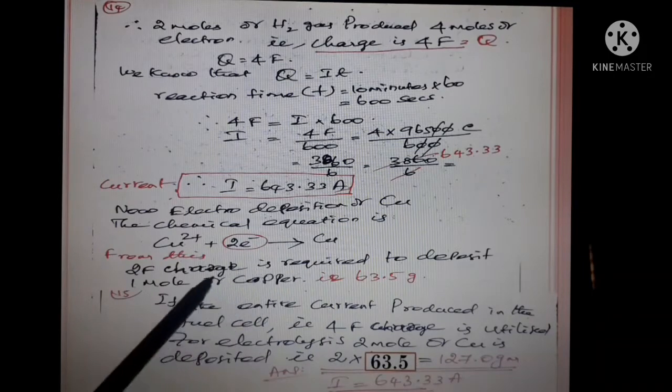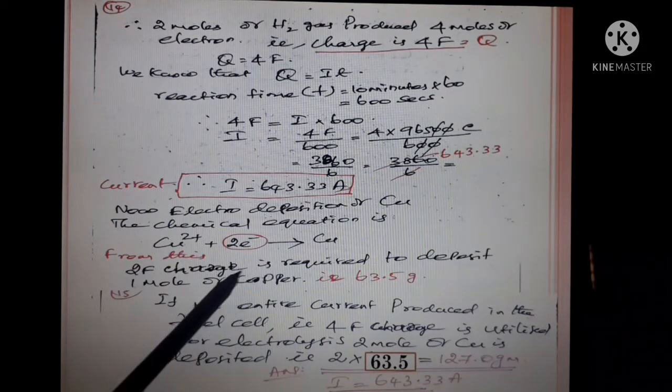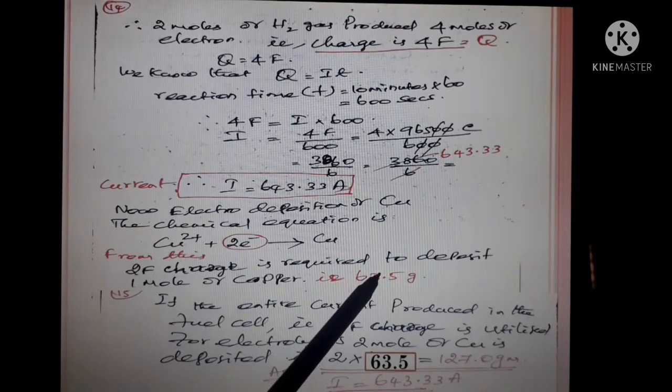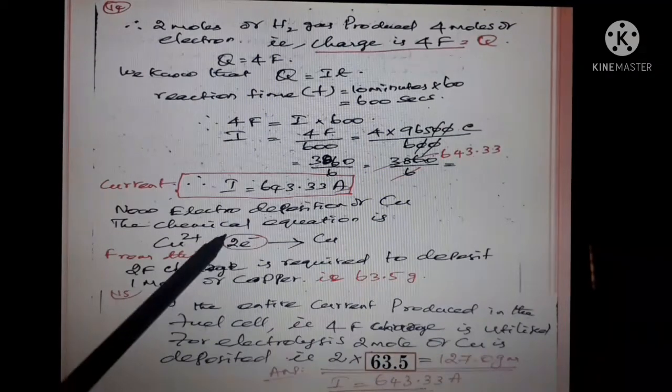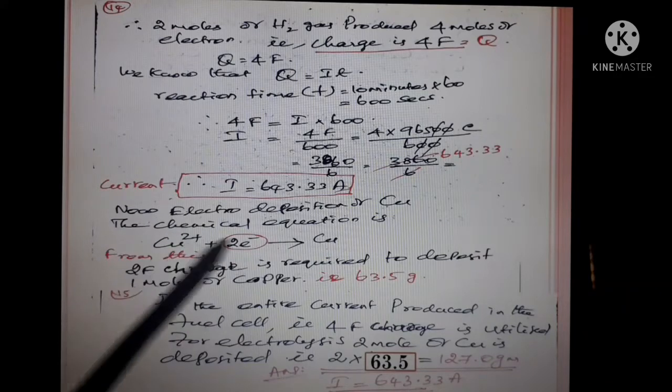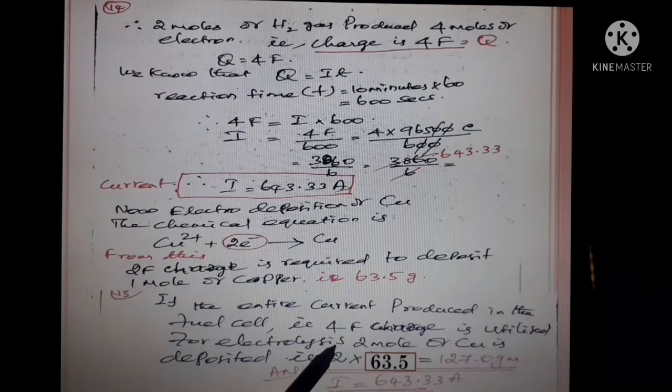Here, write the steps. 2 Faraday charge deposits 1 mole of copper, that is 63.5. This is the fixed value. So 2 moles of copper requires 4 Faraday of charge.